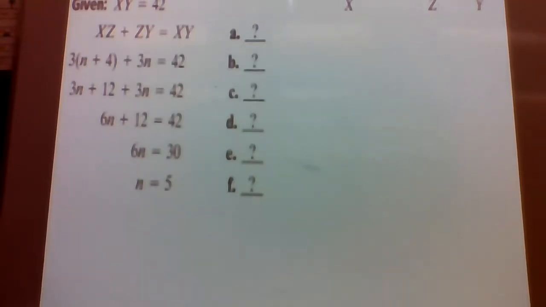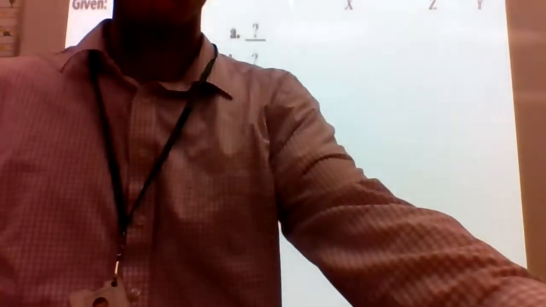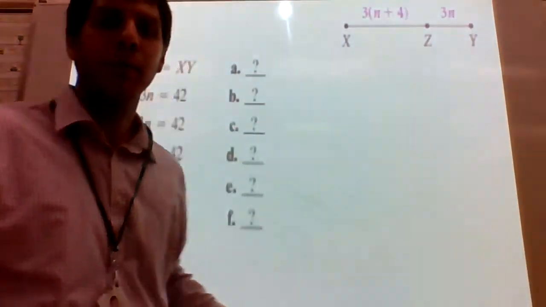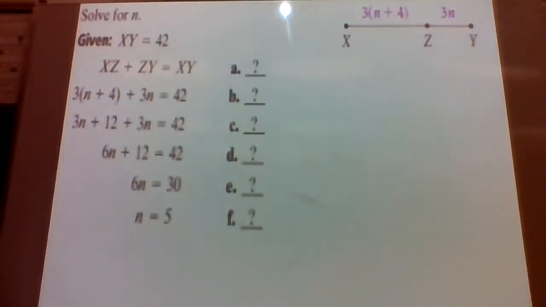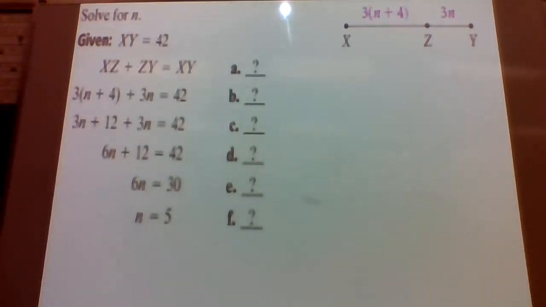Given XY is 42. And then we have our diagram. In our diagram up here, we have Z is between X and Y. And then we have 3 times n plus 4 is XZ, and ZY is 3n. And then they're giving us that XY is 42.